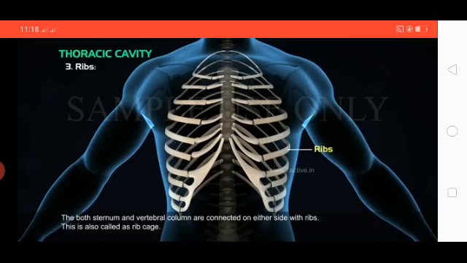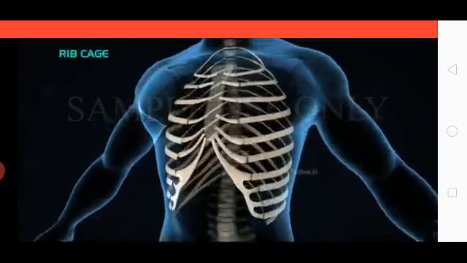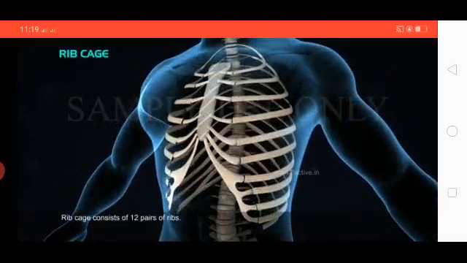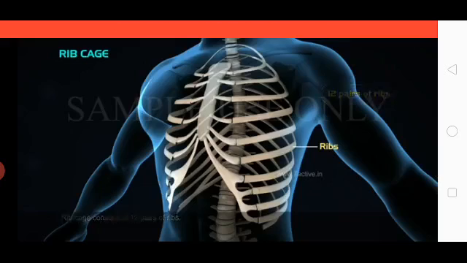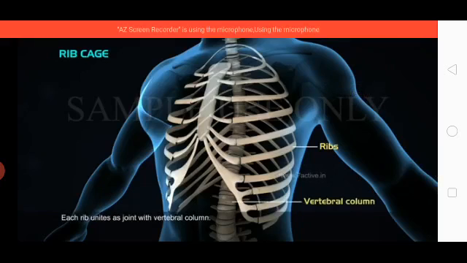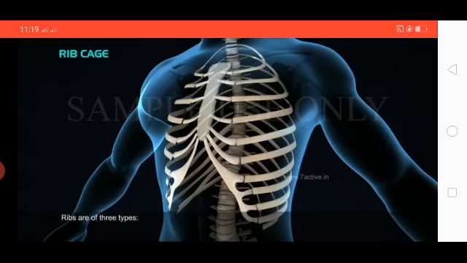This is also called the rib cage. Rib cage. The rib cage consists of 12 pairs of ribs. Each rib unites as a joint with the vertebral column. Ribs are of 3 types.